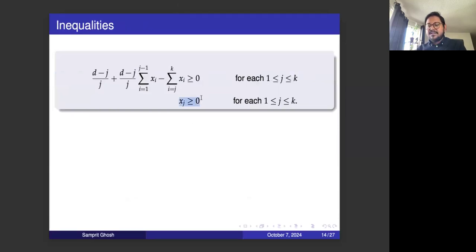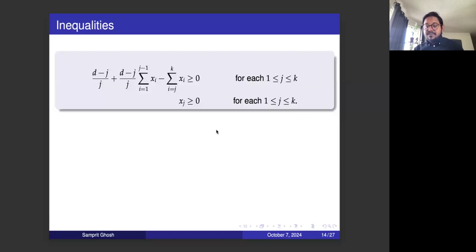Of course, the second condition is just coming from C1, C2, Ck being non-negative, but the other inequality is d minus j over j times the first j minus 1 variables, there's a coefficient d minus j over j, minus the next ones, the sum of xi from i equal to j to k, is bigger than or equal to 0. And again, as we vary j from 1 through k, we get k inequalities in the first one, and then another k inequalities here. So we have a total of 2k inequalities.